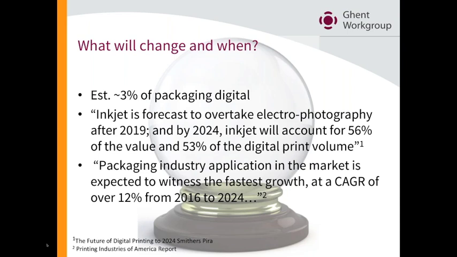However, inkjet is moving very fast, and this year in particular, you're going to see a lot more inkjet packaging products on the market, and not only inkjet, but ink or dispersion technologies, which use the same concept as inkjet but disperse other types of materials.